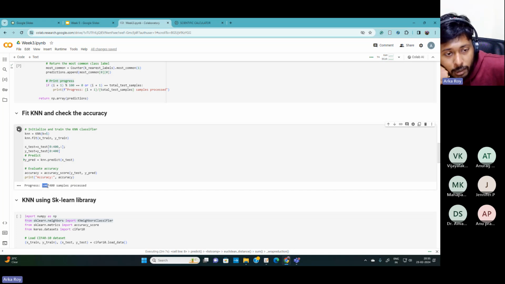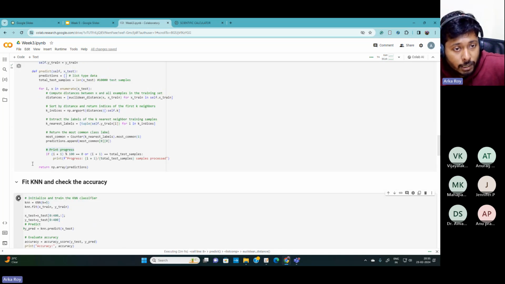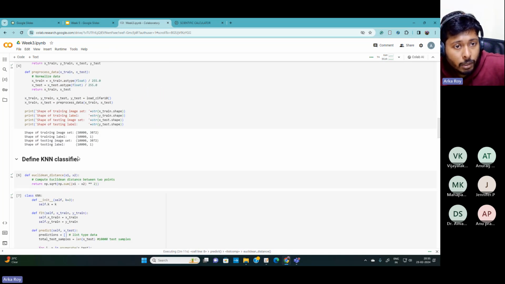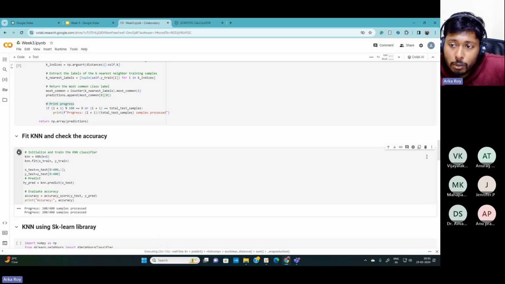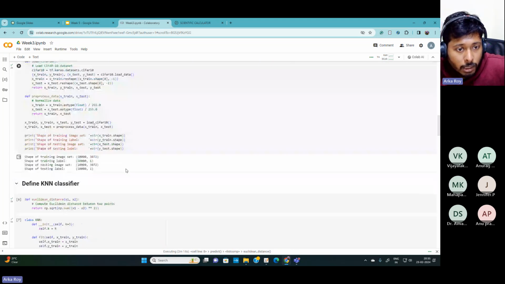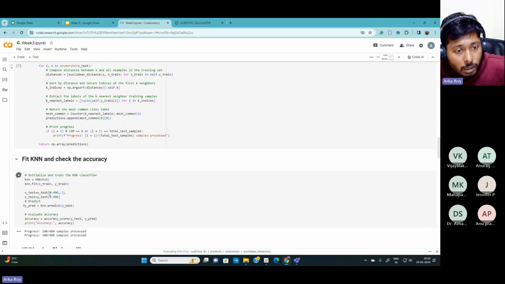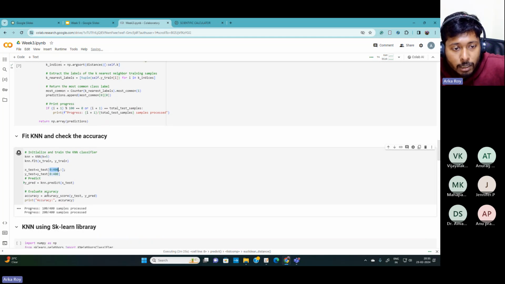So now you can see that in the test set, you have 10,000 images actually, but I have considered only 400 images. You can see how much time it takes to train the model.